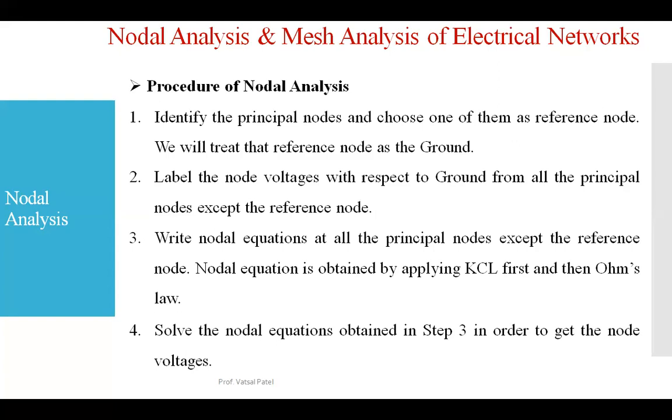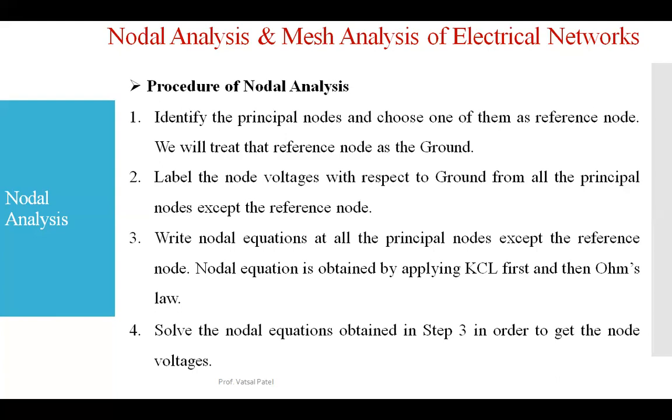We will apply the KCL at all the nodes, and then we apply Ohm's law. Then we solve the nodal equations derived in the third step and identify the node voltage values.